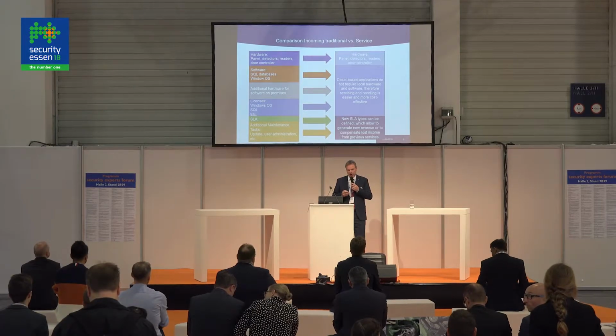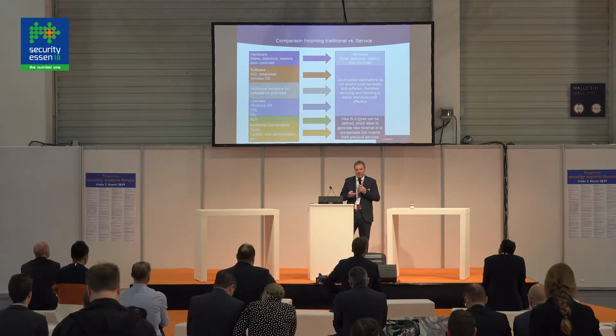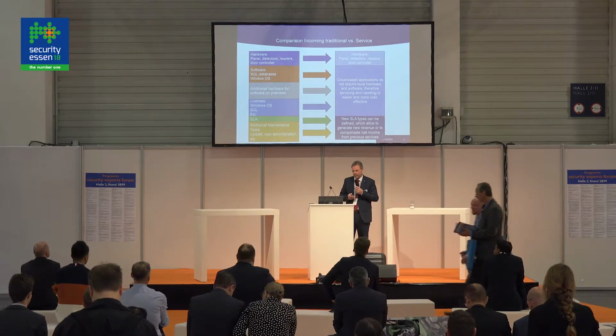And the difference in the new model is now you have a minimum of hardware to be deployed at your customer, which is, as I mentioned, the physical access control and intrusion equipment like the intrusion panel, the access control panel, reader, motion detectors and so on. But all of the rest of the services is coming from the cloud and is only being invoiced to the level as it's used in the very specific installation.